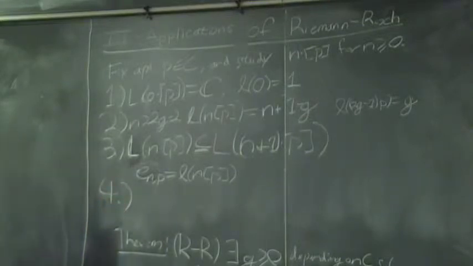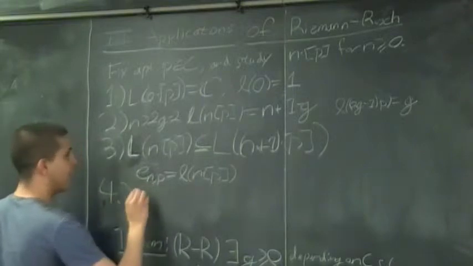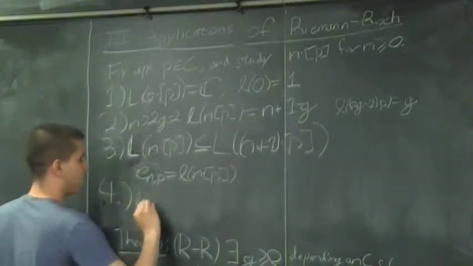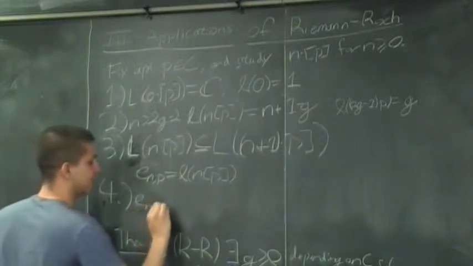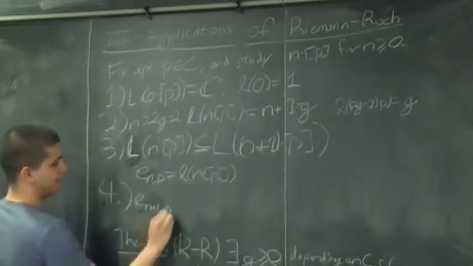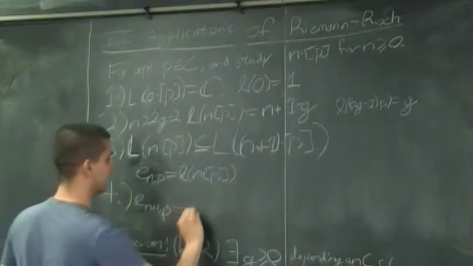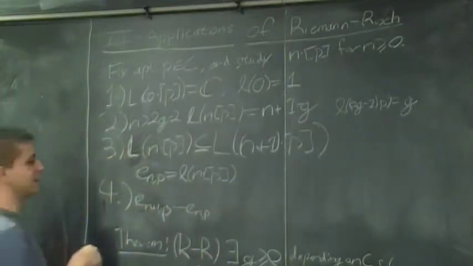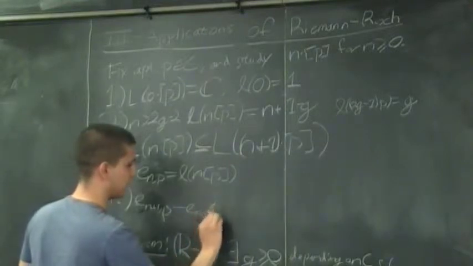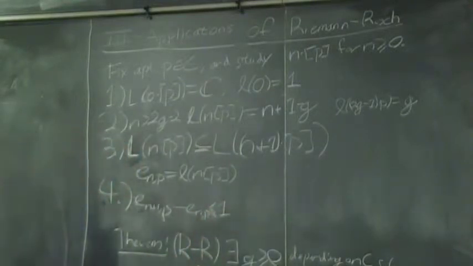So that's the last thing that we know about this, which is that, I guess I should use my new notation, E at n plus 1 minus E at n is certainly non-negative by this, and it's also less than or equal to 1.